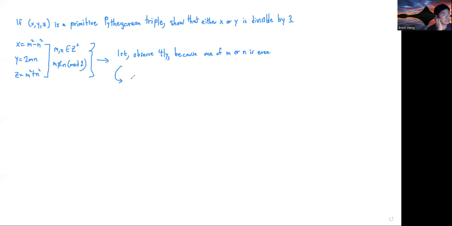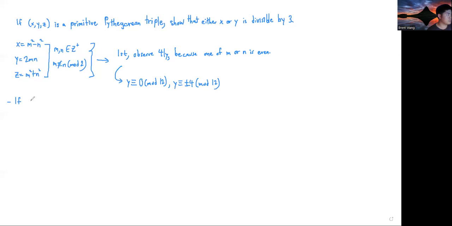Let's choose something that has a factor of 3. y is congruent to either 0 mod 12, or y is congruent to plus or minus 4 mod 12. Plus or minus 4, because if it's not 0 mod 12, then it's congruent to 4 or 8 mod 12.